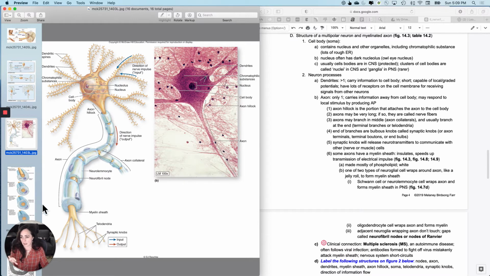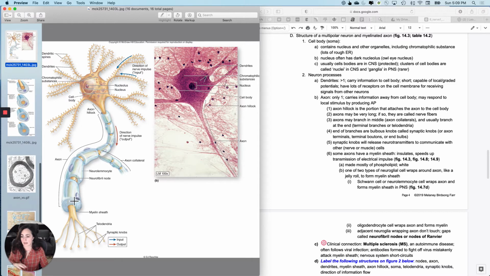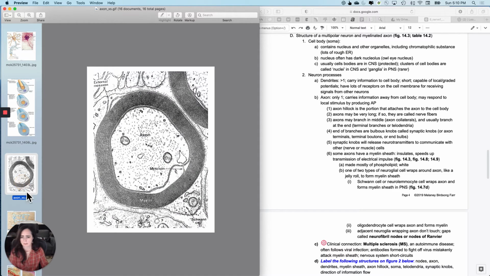But if you look at it closely, what's actually wrapping around the axon is one cell taking its entire self and wrapping and wrapping and wrapping its cell membrane around the axon. So myelin is mostly made of phospholipids because cell membranes are mostly made of phospholipids. If I did a really cool microscopy on it, here's the axon and here's layer after layer after layer of myelin wrapping around it.